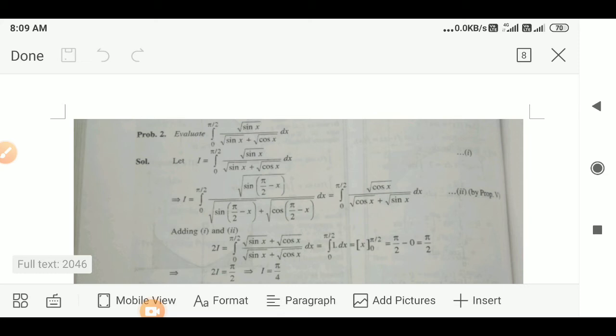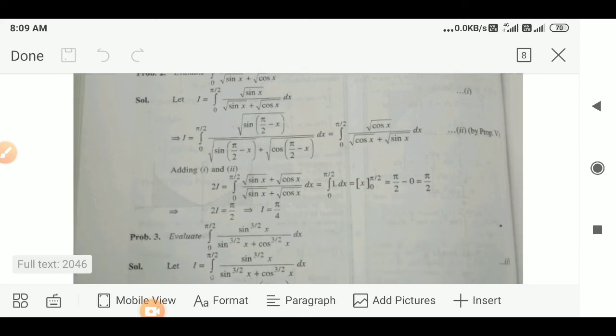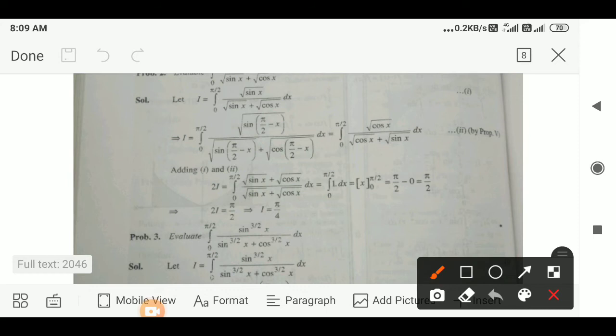So we put here 0 to a, meaning we have 0 to pi by 2, under root sin of pi by 2 minus x upon under root sin of pi by 2 minus x plus under root cos of pi by 2 minus x.